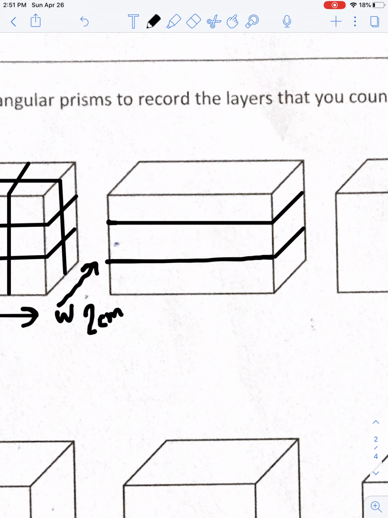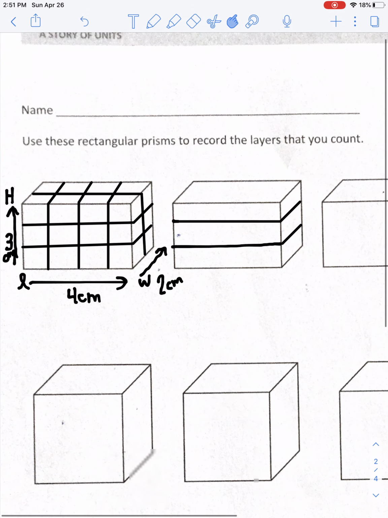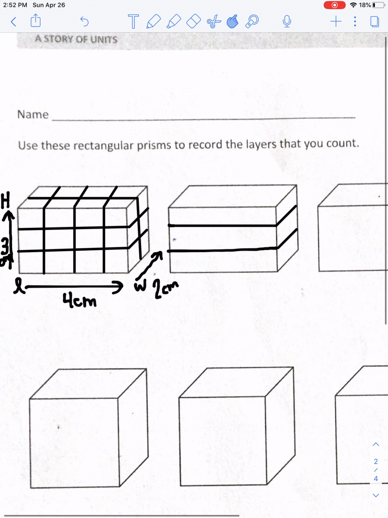Okay, that's the first way that I'm seeing this, the length way. Let's talk about this. How many layers do we have, everyone? 3. We have 3 layers. How many cubes are in each layer?